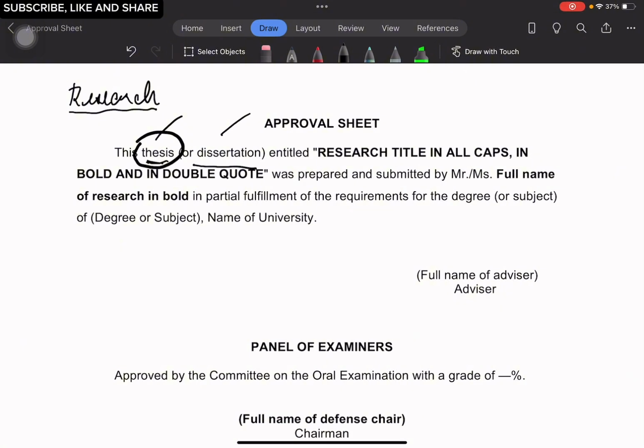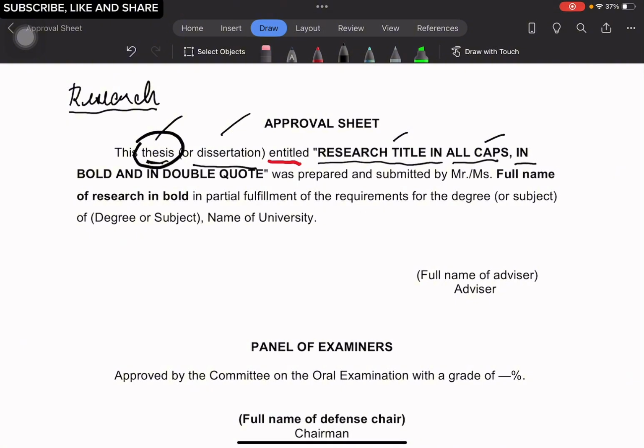Okay, now next, this part is already considered constant, and then this part, a research title, should be included in this part of your approval sheet template. So what I did is I just included the reminders in this part, including the following. Number one, the research title. Number two, it should be in all caps.